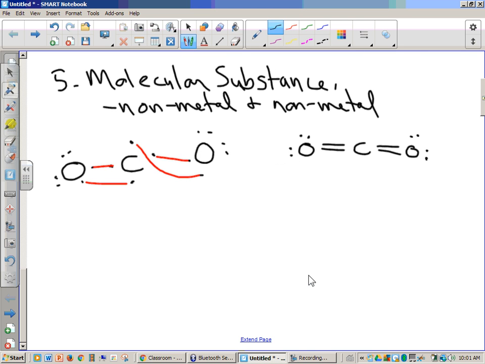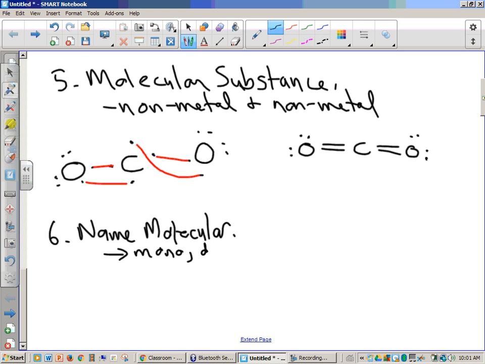And then yesterday, we learned how to name molecular substances. And that's where we use the mono, di, tri, et cetera, and that's actually the way I'm going to describe it.